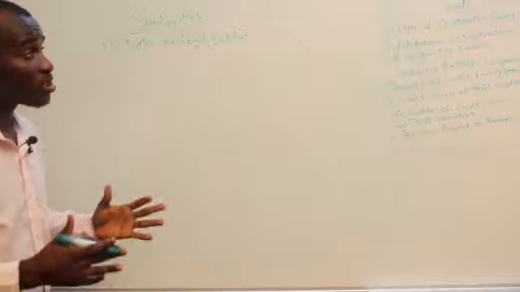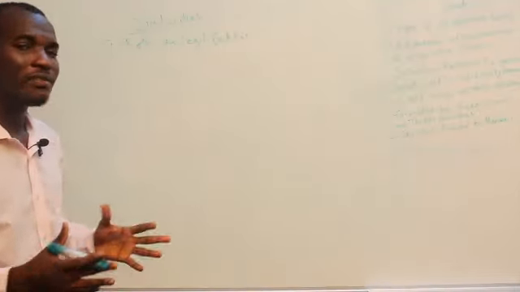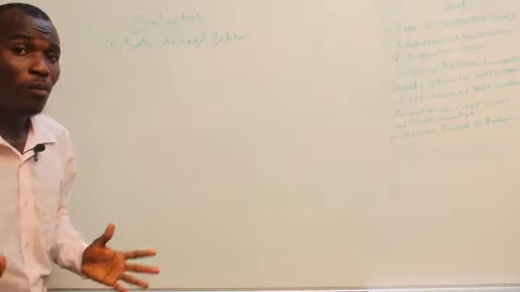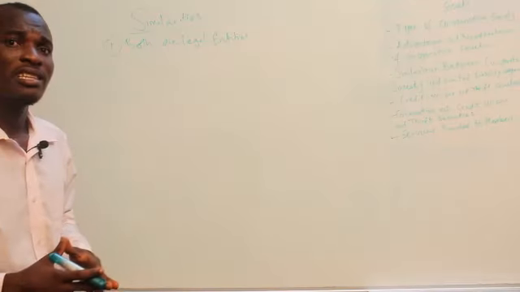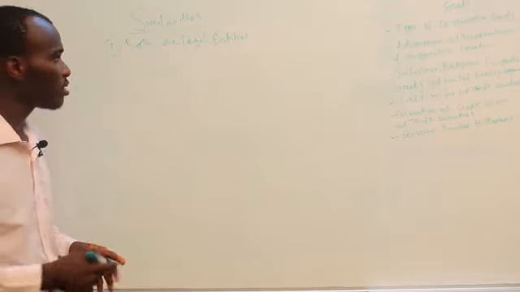So it means the cooperative society as an entity is entirely different from its owners. So the business is entirely different from its owners.